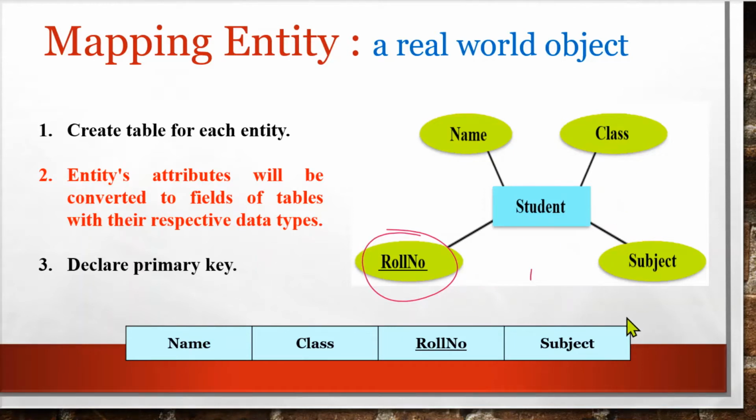So here the table name is student, and every attribute, name, class, roll number and subject, will become the fields or the columns of the table. So this is the simple conversion for any given entity.